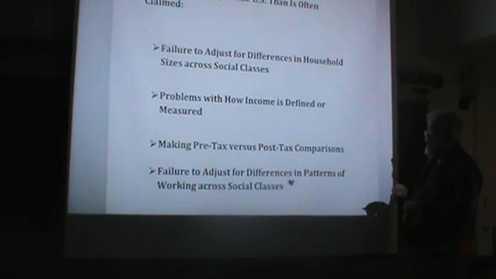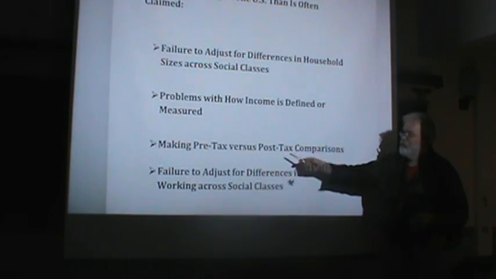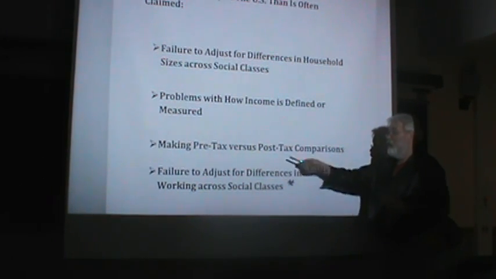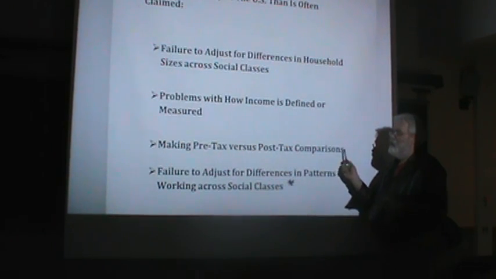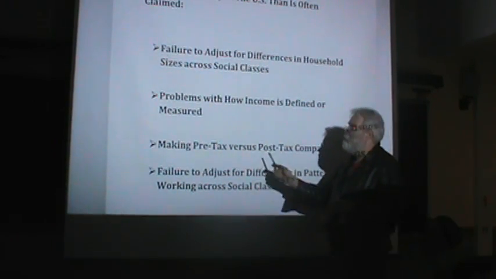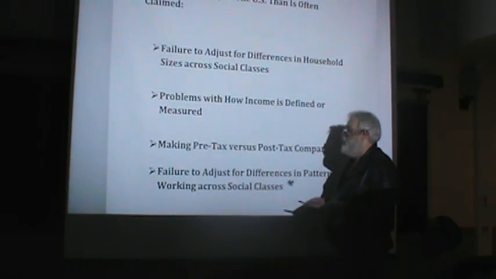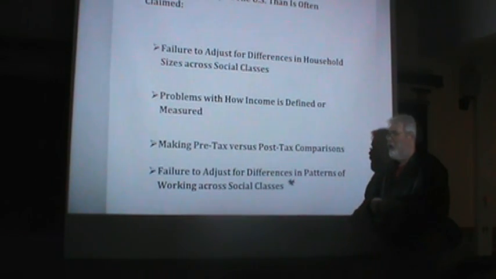So, if you're really interested in how much people keep after they pay Uncle Sam, you probably should focus on post-tax comparisons of income between different households. And when you do that, well, post-tax comparisons of income tend to be more equally distributed than pre-tax comparisons. So when you're looking at this data, be very careful whether you're looking at pre-tax or post-tax comparisons.